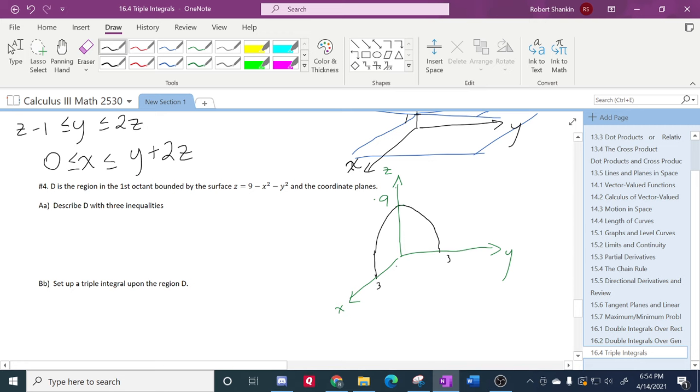And in here, you're going to have a circular intersection with the XY plane. Now this probably should come more like this.